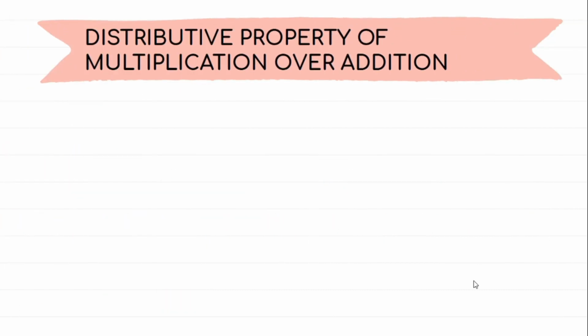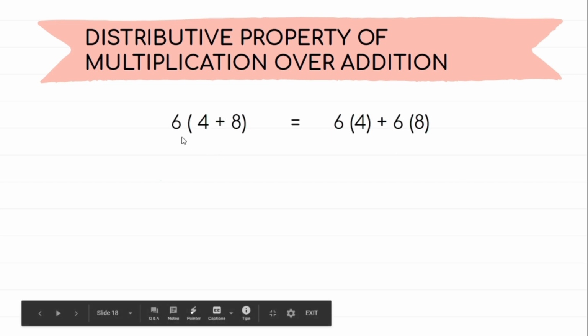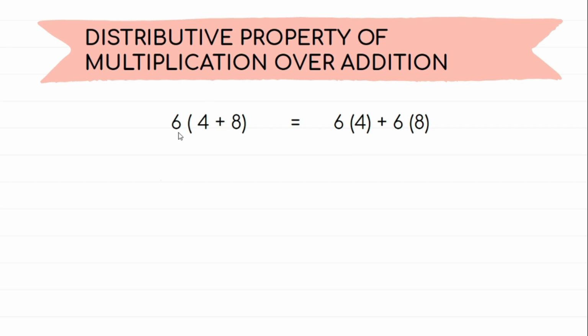So, last is the distributive property of multiplication over addition. Ayan, meron na tayong two operations. For example, I have here this given 6 multiply. So, walang operation in between, pero may parenthesis. Ang ibig sabihin yan ay multiplication. Okay, huwag kayong malilito.